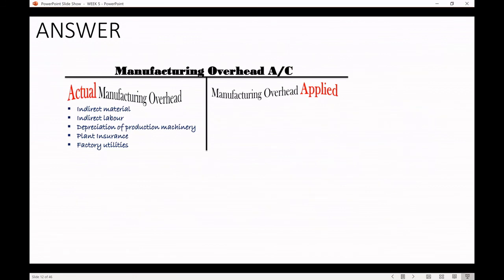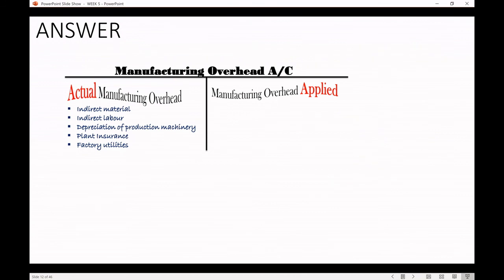So this is what your manufacturing overhead account looks like, the T account. You can actually see it's a T, right? You have the heading on top. But on your debit side, which is your left side, the left column, this is where actual manufacturing overhead is placed, the actual cost, which is the actual indirect material, actual indirect labor, depreciation, plant, anything related to the factory.